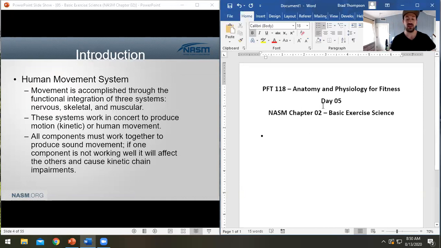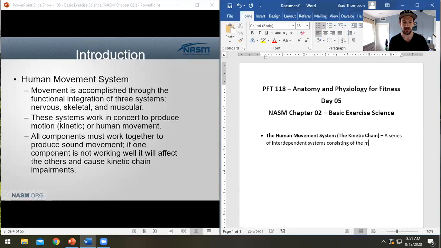So this is where we get our first look here. We'll often call it the human movement system. So the human movement system, or more commonly referred to as the kinetic chain, that's oftentimes what most people call it, is going to be a series of interdependent systems consisting of the muscular, nervous, and skeletal systems, right?